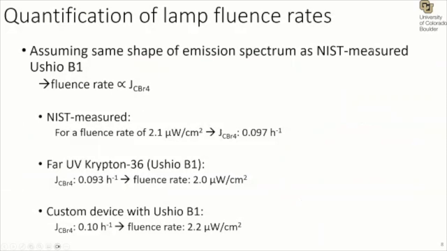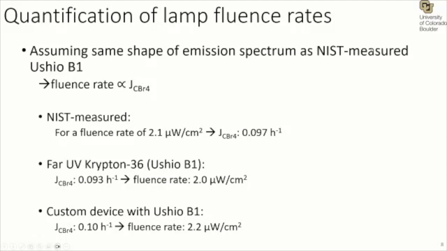If the 190 nanometer band is well filtered, we can further assume the same shape of emission spectrum of a lamp as this measured Wuxio B1 to quantify that lamp's fluence rate. Because under this assumption, the fluence rate of a lamp is proportional to its CBr4 photolysis rate.